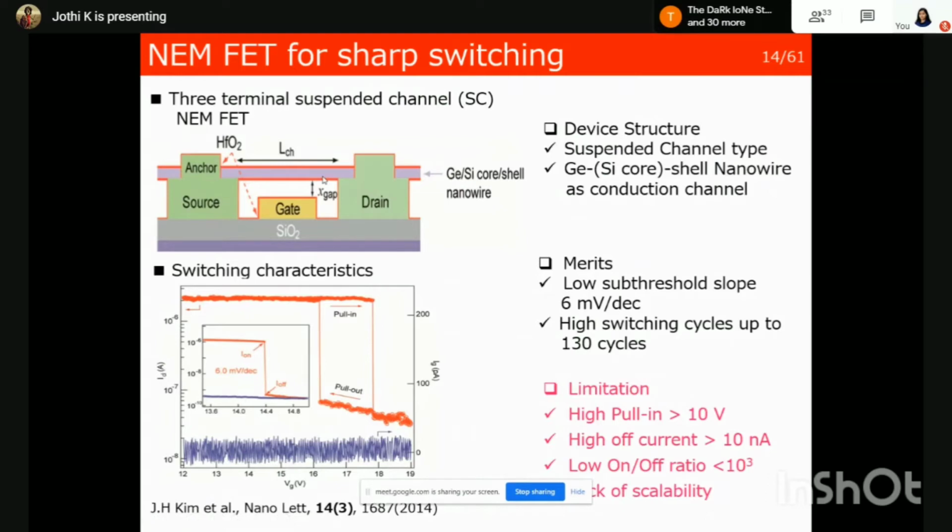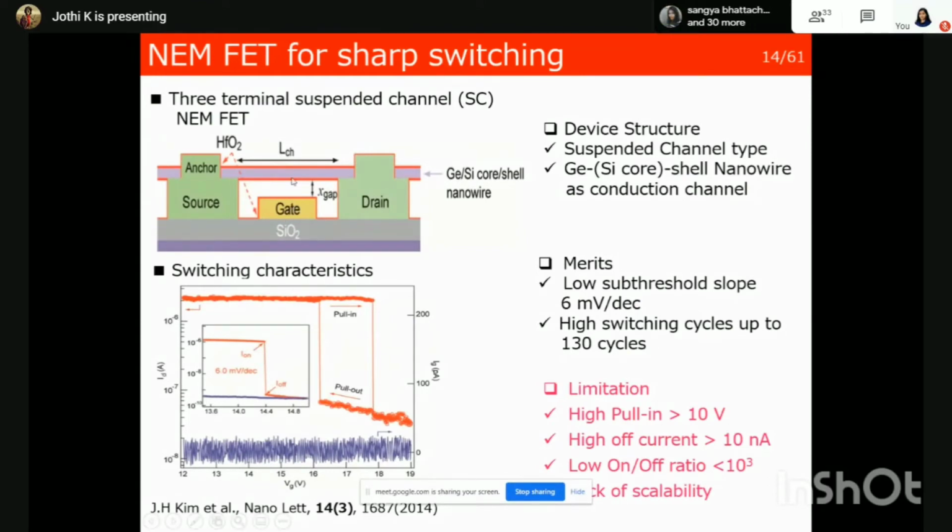Here the movable part is a partial nanowire, and you can have a gate. You can apply voltage to the gate, and then it pulls down, and you get the on current as well as the off current.